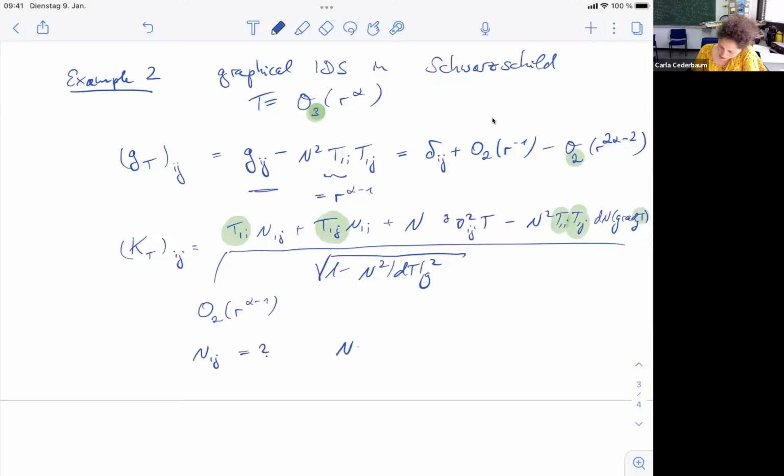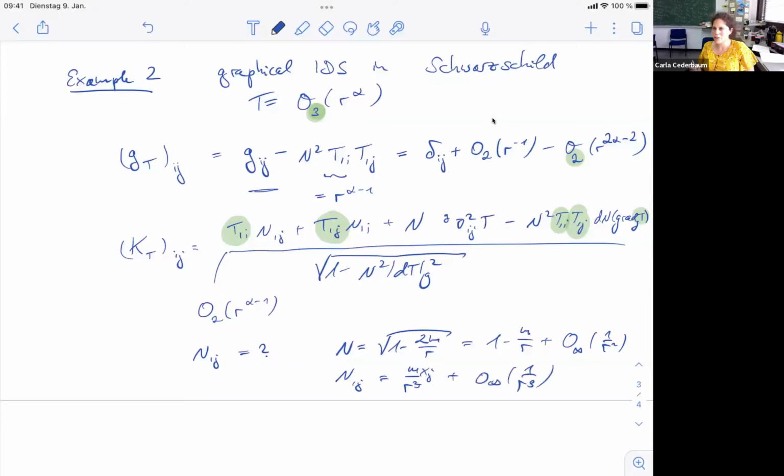Then what about the dj n? Well, we know that n is the square root of 1 minus 2m over r. So this is the same as 1 minus m over r plus order 1 on r squared. So then dj n is like m over r cubed xj plus lower order terms. Yeah, this is just power series analysis for nice smooth functions.